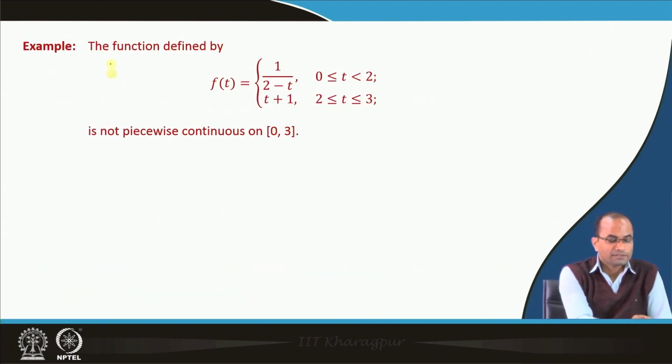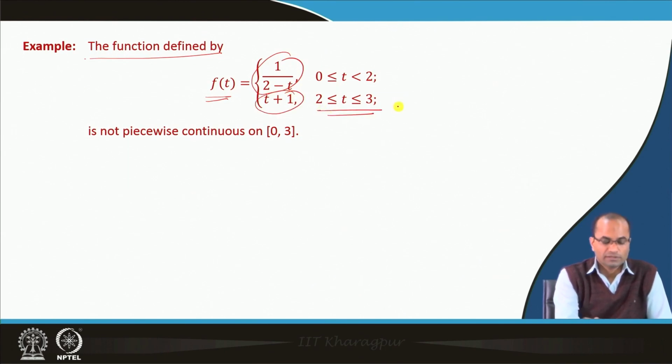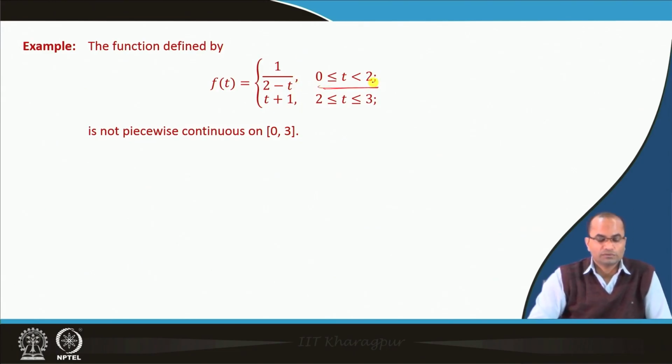Well, so we have this example here, the function defined by f(t) as 1 over 2 minus t in the interval 0 to 2, and t plus 1 in the interval 2 to 3.